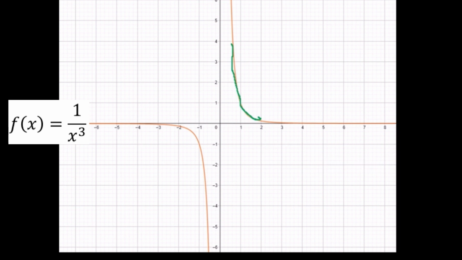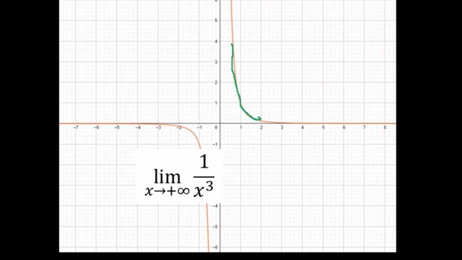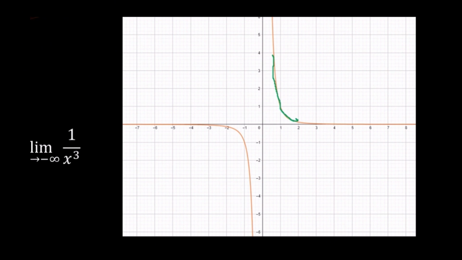Looking at the graph, we can conclude that the limit of 1 over x cubed as x approaches positive infinity is 0. On the other hand, when we have the limit of 1 over x cubed as x approaches negative infinity, the function also approaches 0.